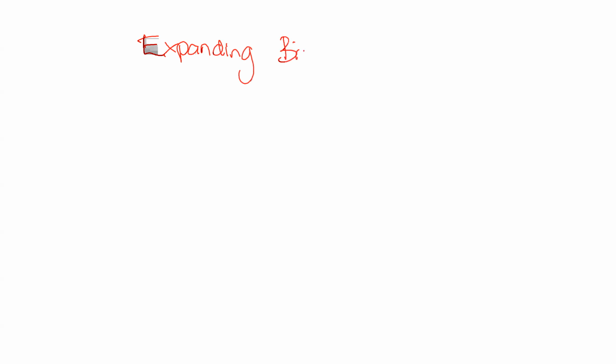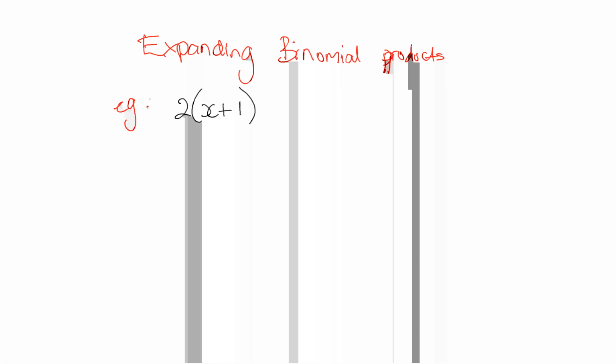And then I'm going to go into expanding two brackets together. All right, so an example of what we've done before is when we had, let's say, 2 in front of the bracket x plus 1, and we had to expand this out, okay?